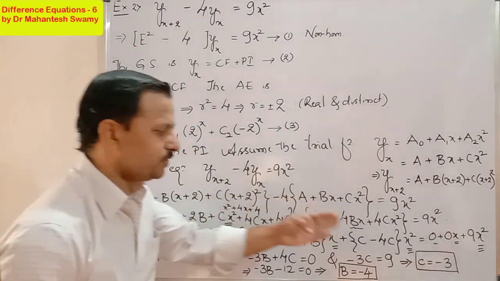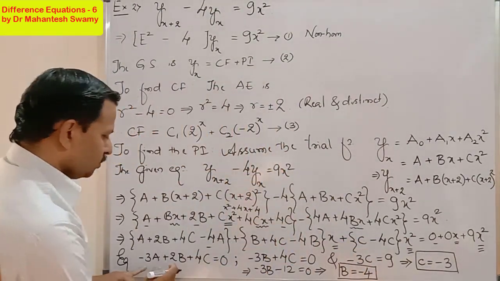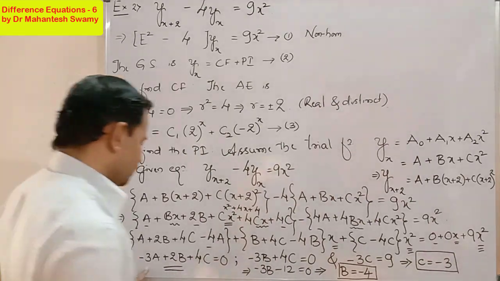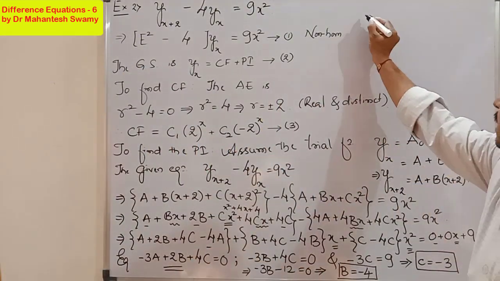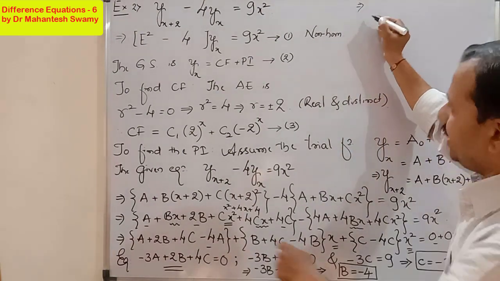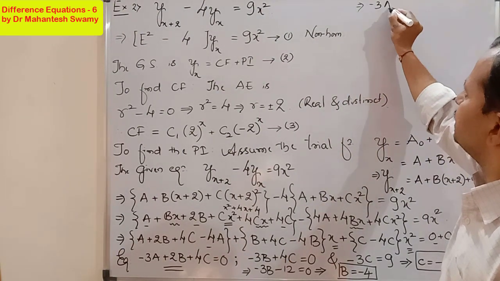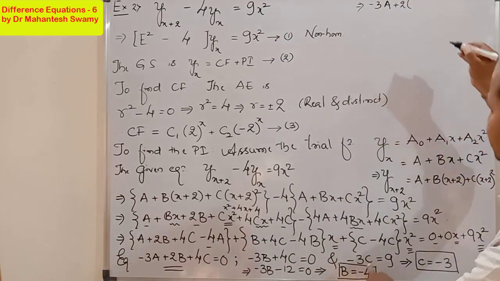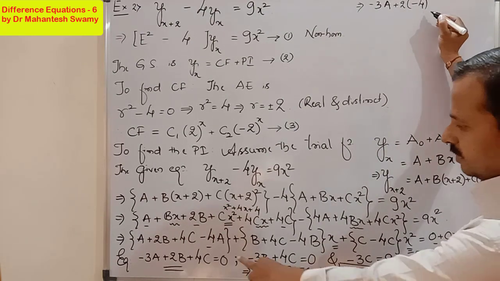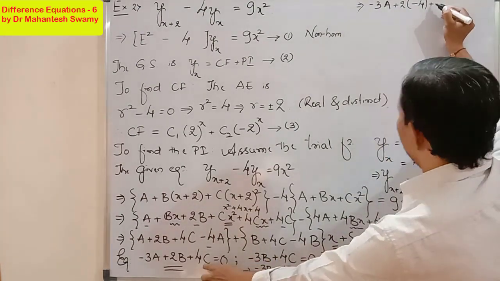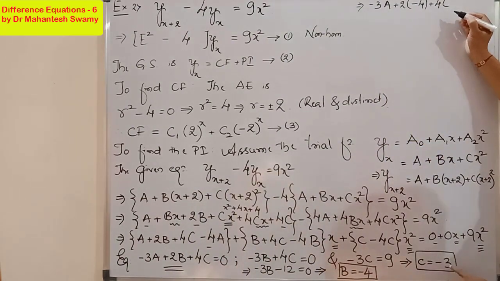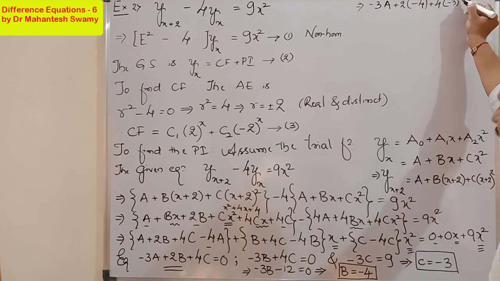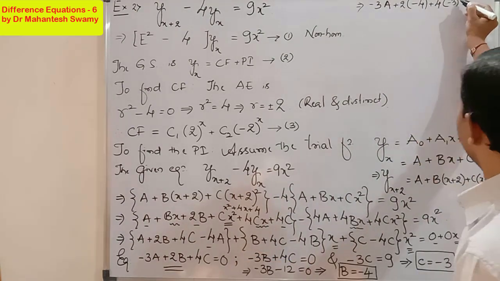So I got the value of c, I got the value of b. Let us substitute those values of b and c in the first equation and see what happens. This implies minus 3a as it is, plus 2 into the value of b, minus 4, plus 4 into the value of c, minus 3, and on RHS I am having 0.